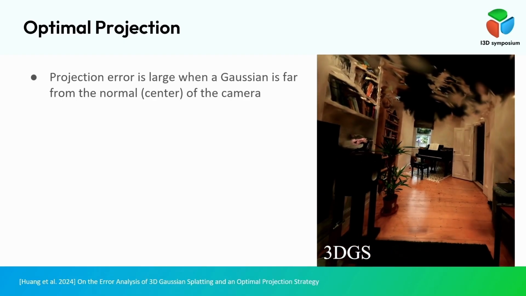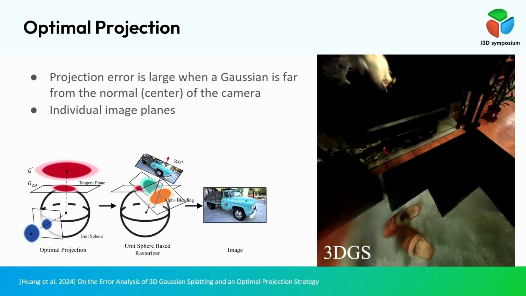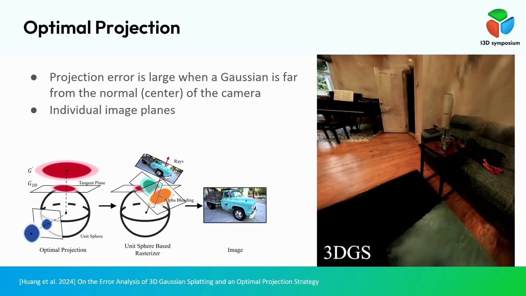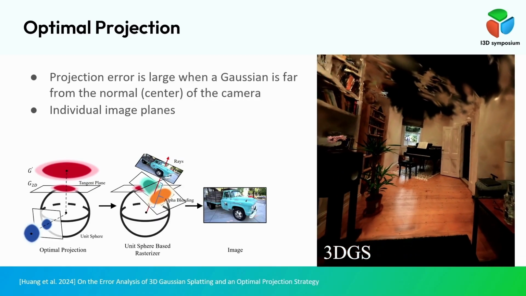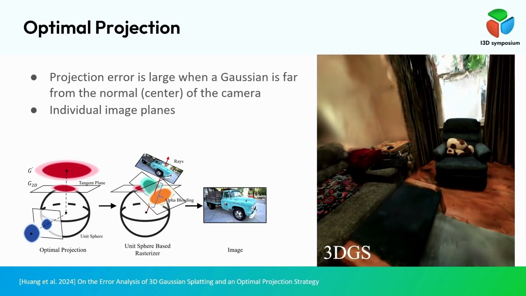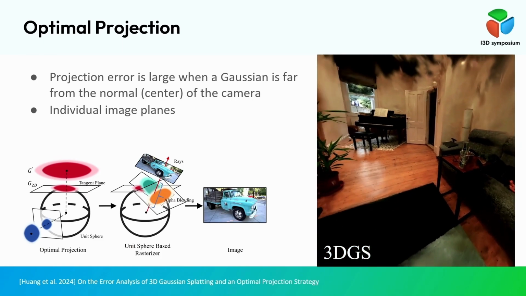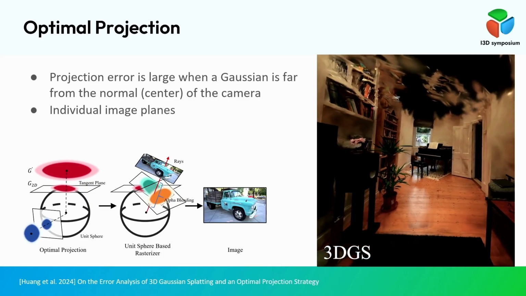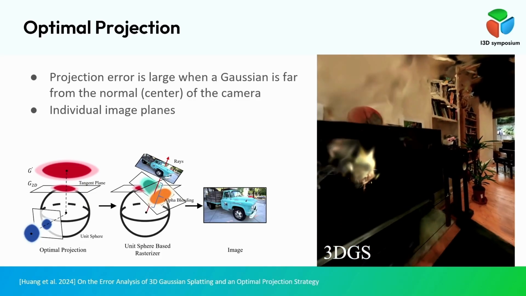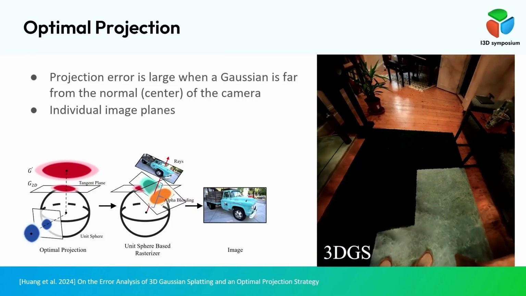The paper Optimal Projection proposed to solve this issue by projecting each Gaussian to its individual optimal plane to minimize the projection error. Previously, all the Gaussians were projected onto the same image plane of the camera, and now they are projected onto different planes, and the error is much smaller.